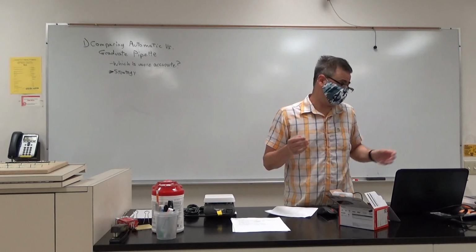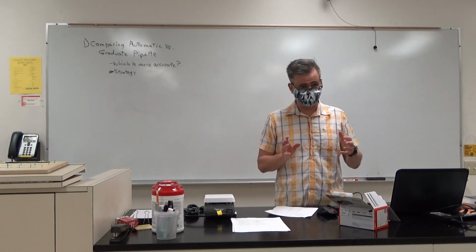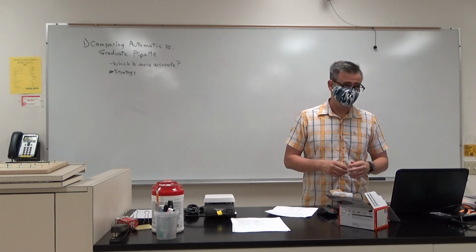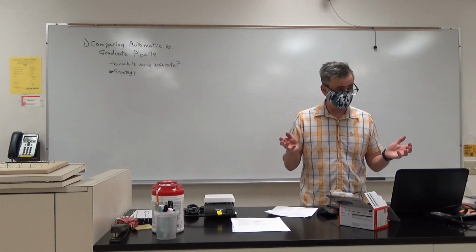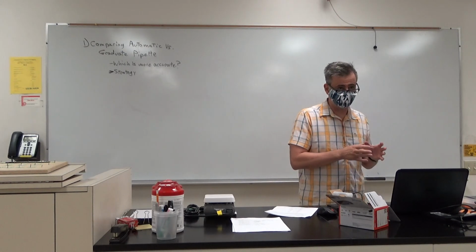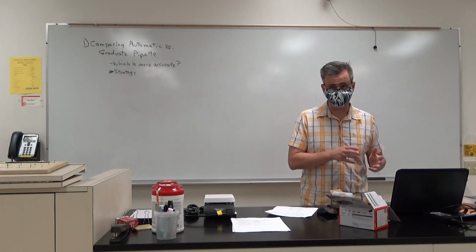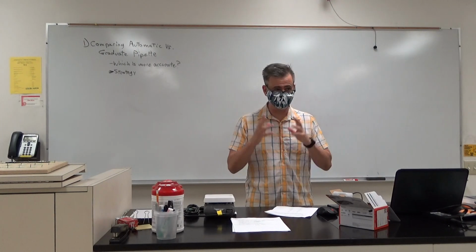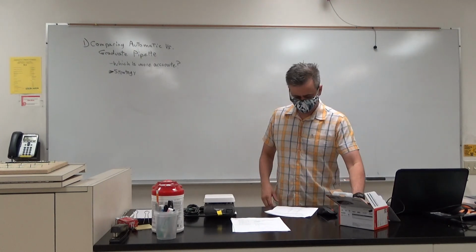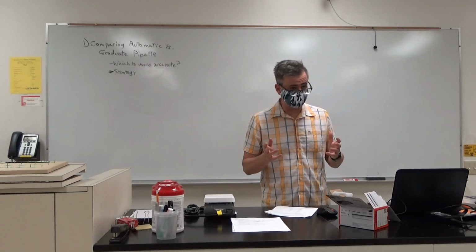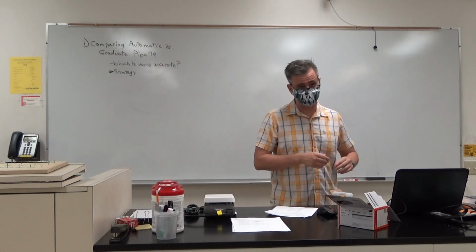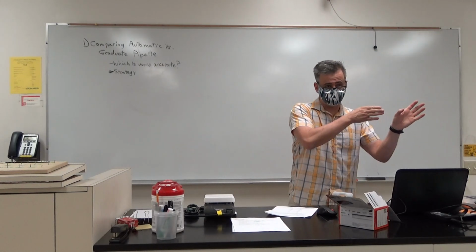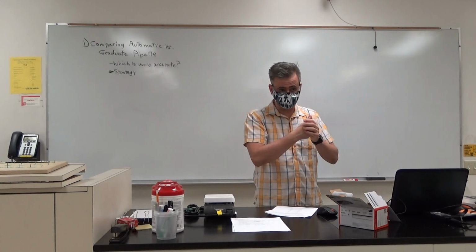Now the balance might have some inaccuracies associated with it, although mass you can usually obtain much more accurately than volumes. That's kind of an overgeneralization, but in general it's true. Nonetheless, it wouldn't even matter because we're going to use the same balance every time, so any problems with accuracy on the balance should be controlled for.